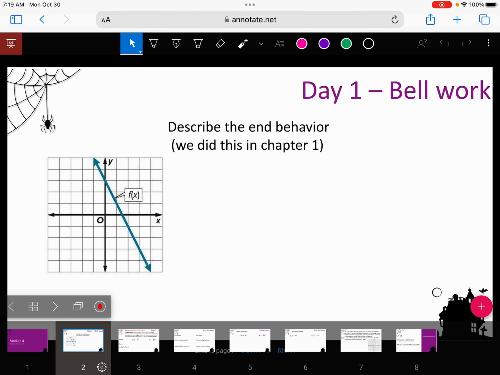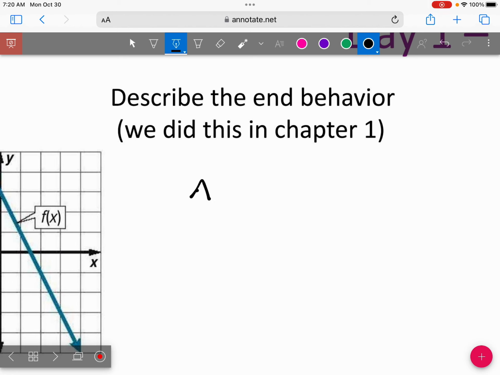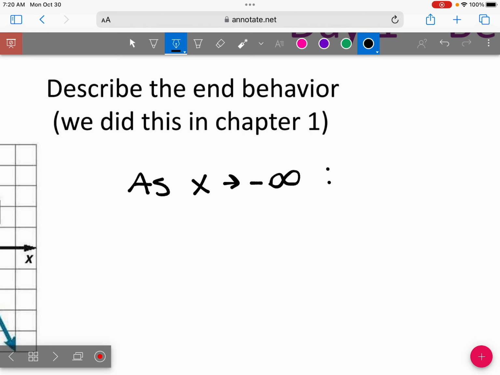So we did this back in chapter 1 where we described our end behavior. As x approaches negative infinity, so as x gets real small, what happens to our y's? Goes up.